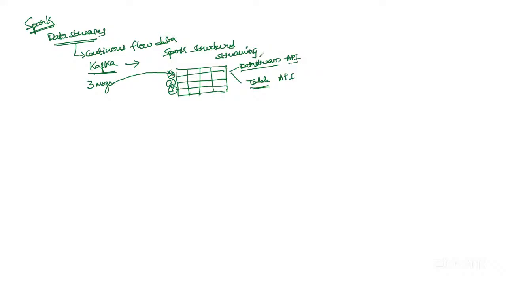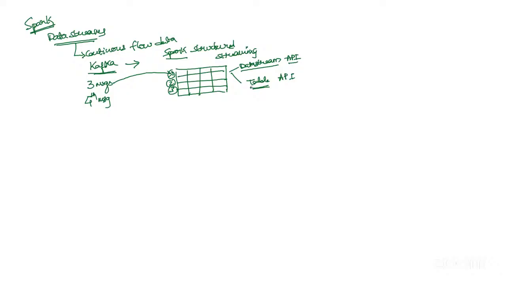This is similar to the regular Spark batch processing we do, and there is not much difference. What makes the difference is that as this data continuously comes, it will be appended to these tables. Let's say a fourth message is coming.